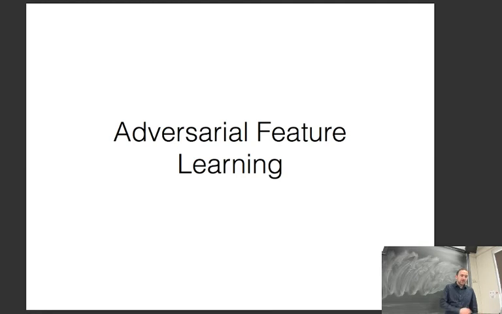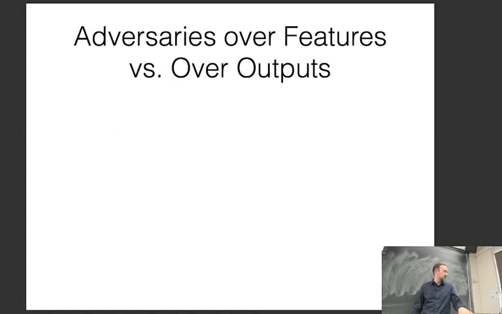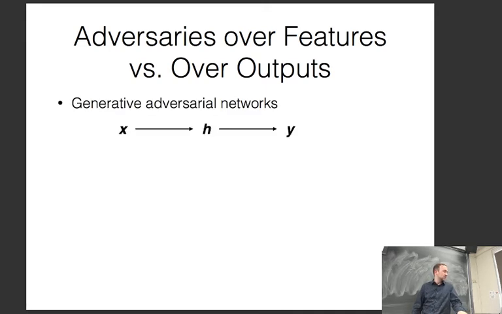So okay, that was the talk about generative adversarial networks. The next one is about adversarial feature learning. Just to contrast these, in generative adversarial networks, you have your X, which gets a hidden state, extracted features, and you generate Y, and then you use an adversary to say whether Y looks real or fake.